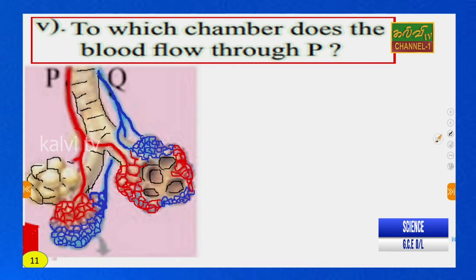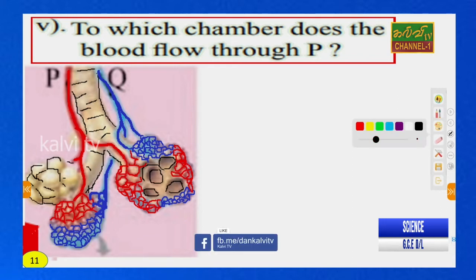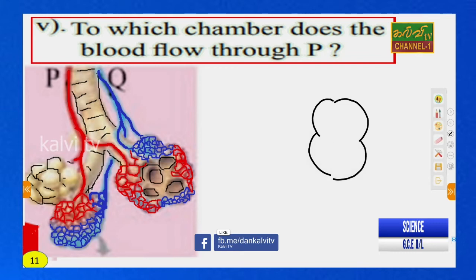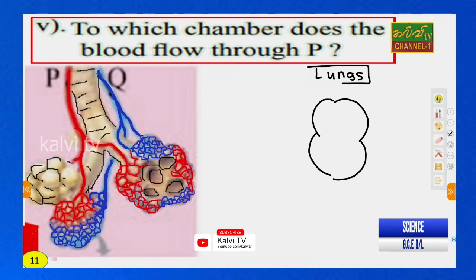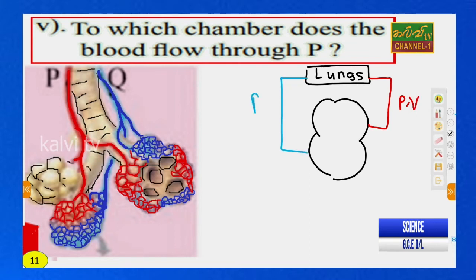To which chamber does the blood flow through P? Which chamber do they expect? I think this is from the heart, right? So you know the heart, this is lungs, here the pulmonary vein, next side pulmonary artery.